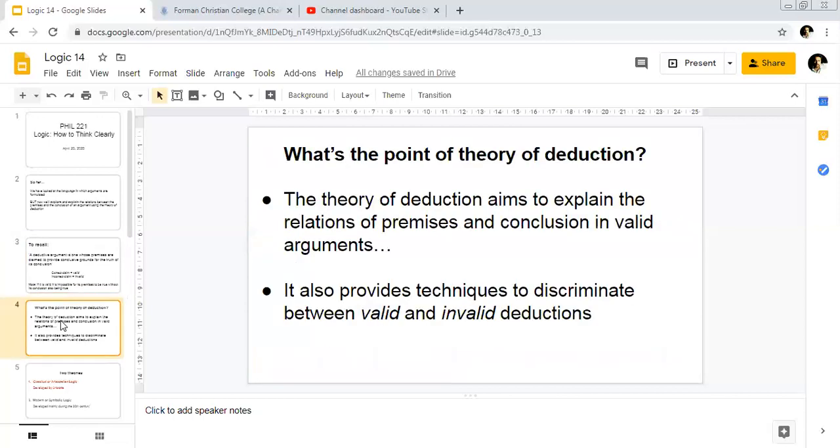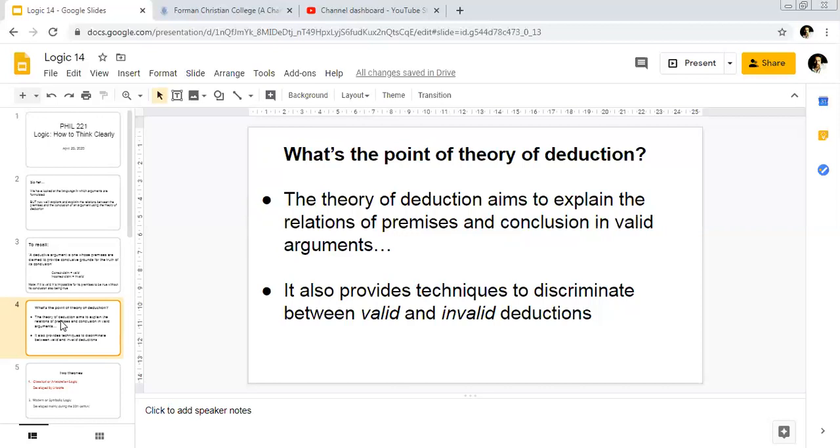So now let's get back to the theory of deduction. What are we going to be doing with this theory? The theory of deduction aims to explain the relations of premises and conclusion in valid arguments. So we're going to be concerned with valid arguments. Obviously, all valid arguments are deductive arguments, and the relations between the premises and the conclusion.